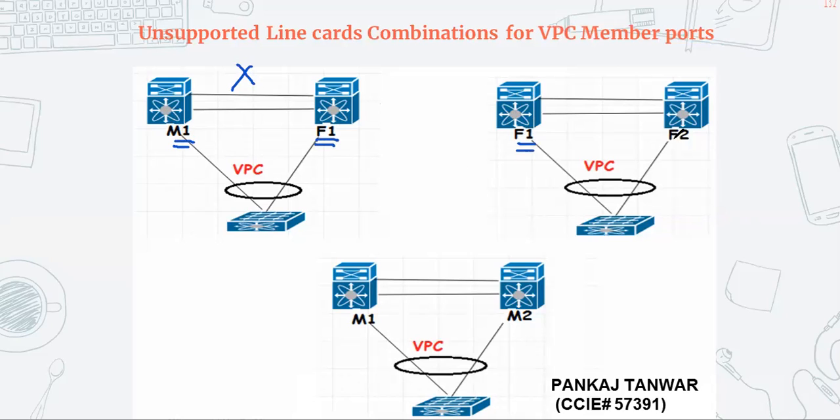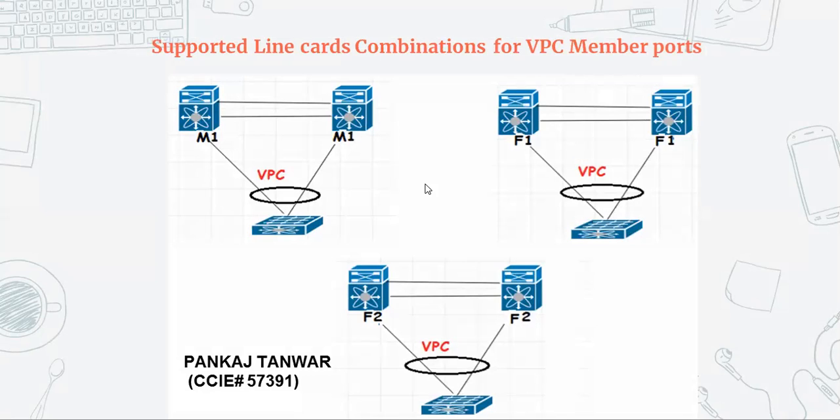The second example, F1 on one side and F2 on the other, is also not supported. In the third example, M1 on one side and M2 on the other, this design is also not supported. This logic is the same as we discussed for the VPC peer link.